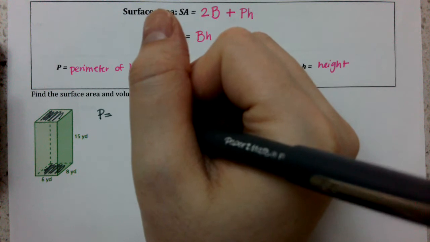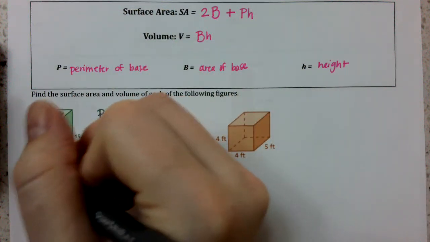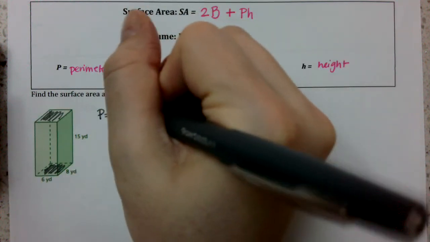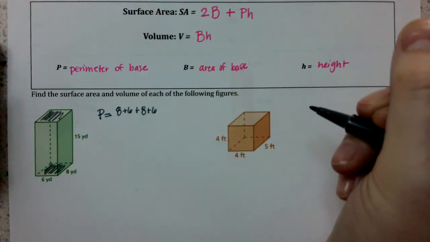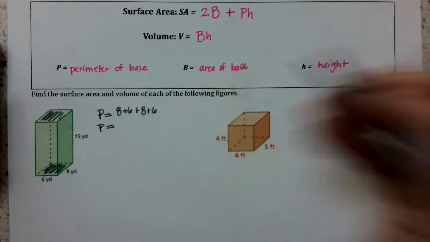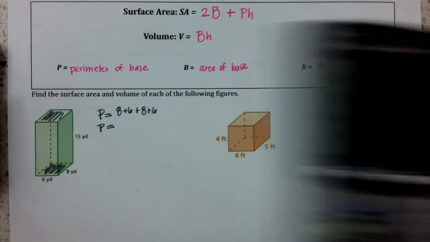For the perimeter, we're going to add up all the sides. So 8 plus 6, and then we know in a rectangle the opposite sides are the same, so 8 plus 6 plus 8 plus 6. We can use a calculator to type that in really quickly, and we get 28.